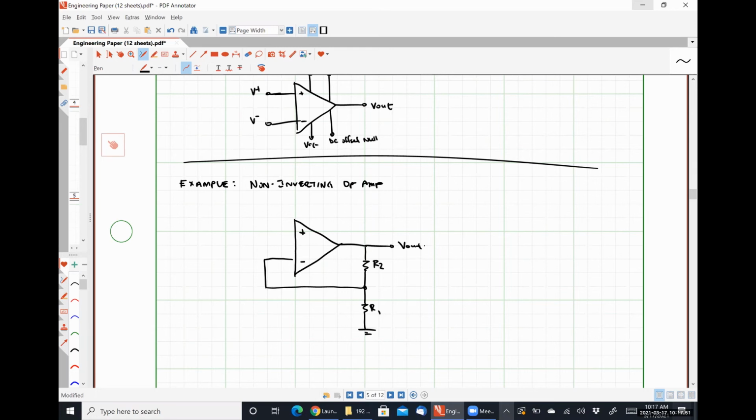In this instance, I am referring the offset voltage to the non-inverting terminal. So I literally just put a voltage source VOS for my offset voltage in series with my actual input voltage that I'm trying to amplify.